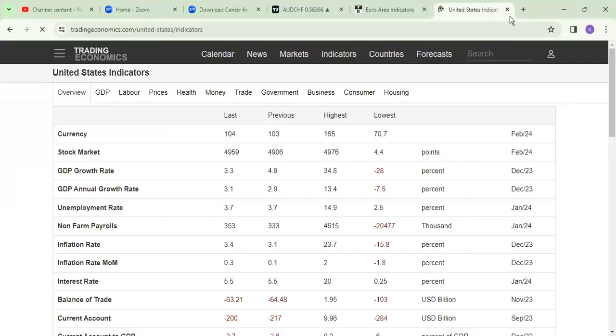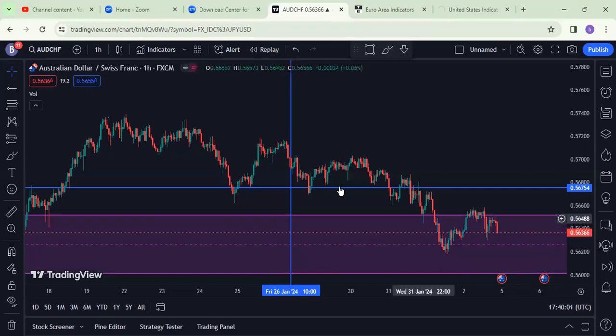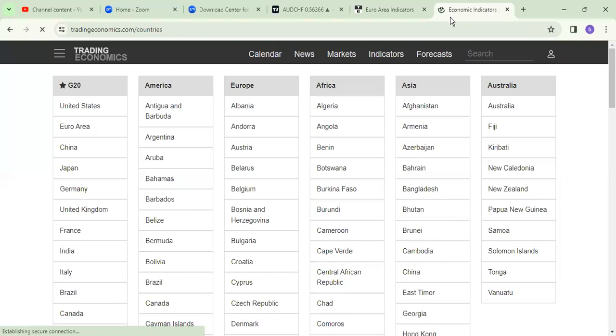So if I had not been ignorant of the fact that there are news for the Australian dollar, then I most probably wouldn't have taken the trade, or I would have been very conservative with my profits here because I was trying to swing trade this pair.